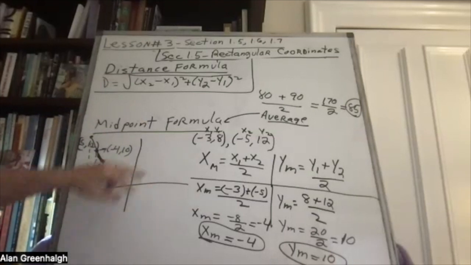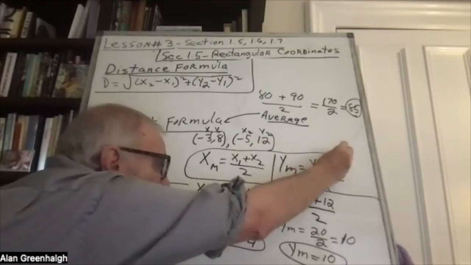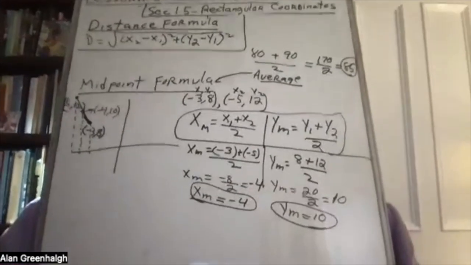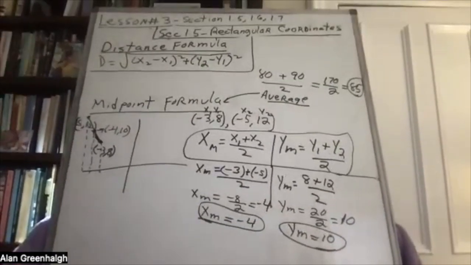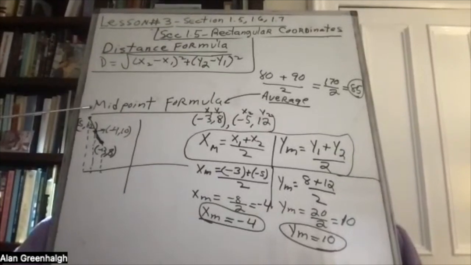So that's the midpoint formula right here. Those are the two very important formulas that you need to know how to use and how to find values. The distance formula and the midpoint formula.